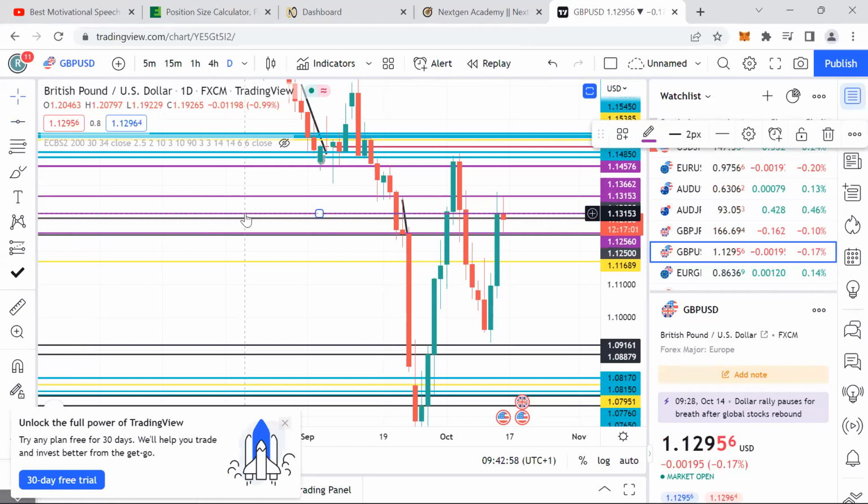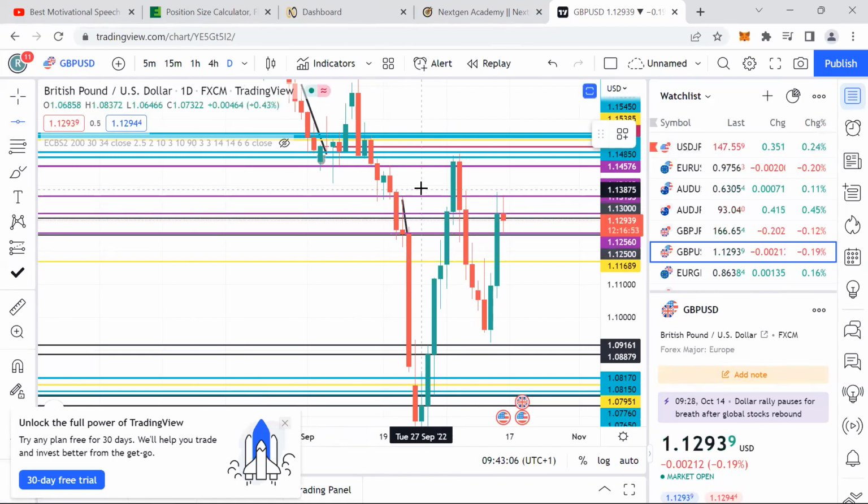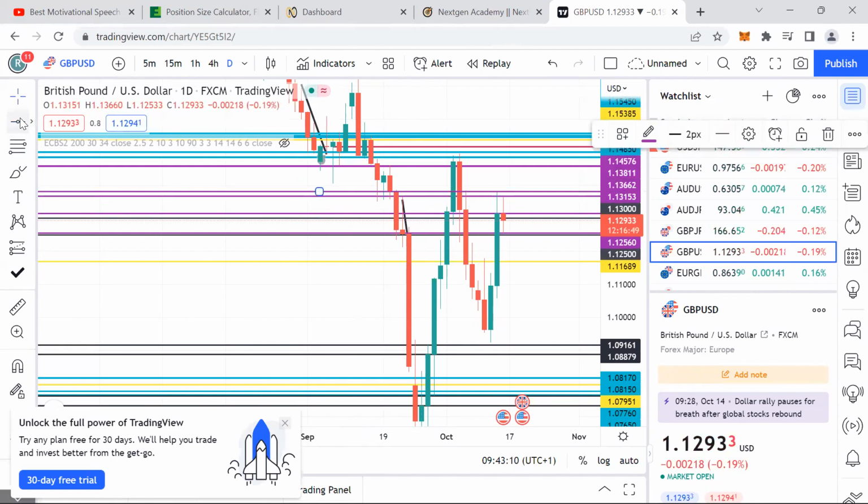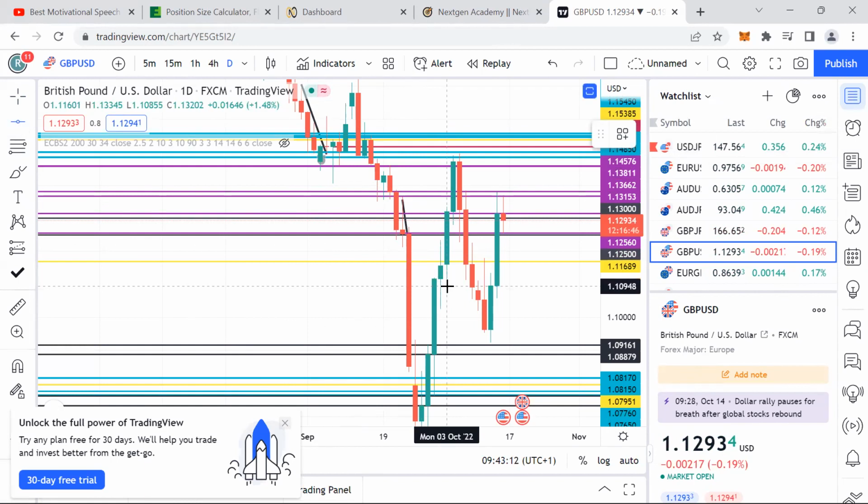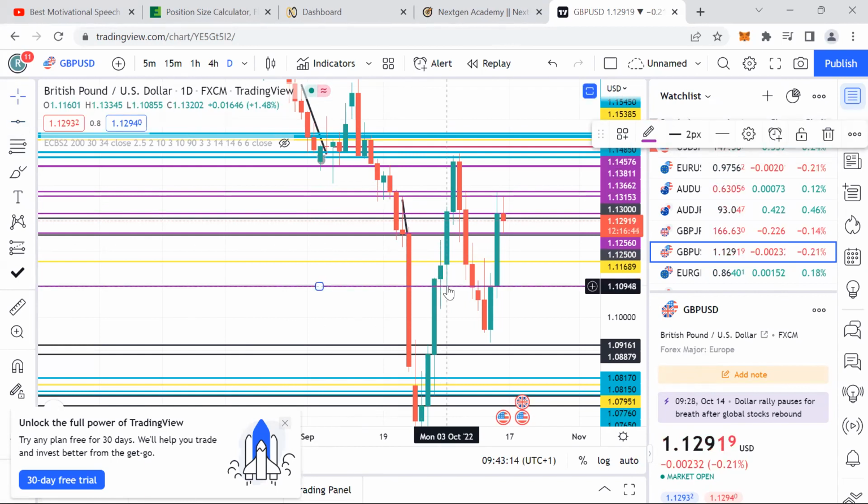So we do the weeks of the current day candle and the wick and body of the previous day candle. You can write it down. Sorry, there are too many lines on that chart. I didn't want to delete all of them because some are relevant.